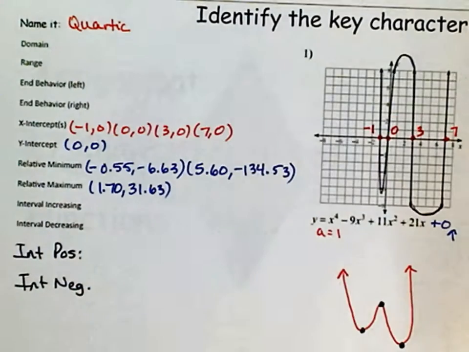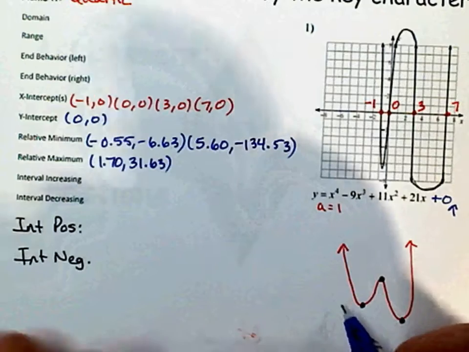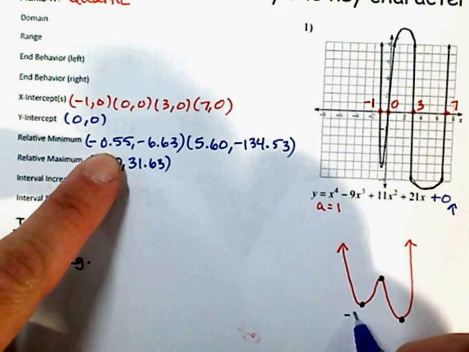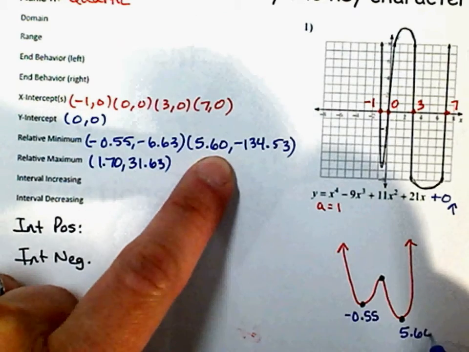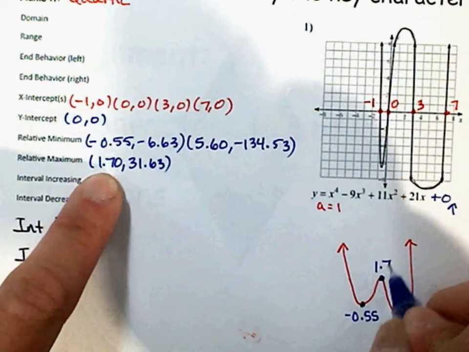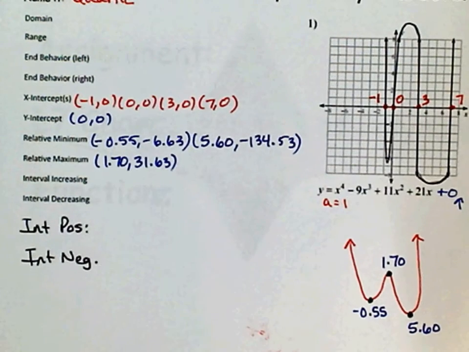All right, knowing that I'm also going to label down here my x. Okay, my minimums, this one is -0.55, and this one is 5.60, and your maximum is 1.70. That's going to help me in my intervals later. All right, here we go.